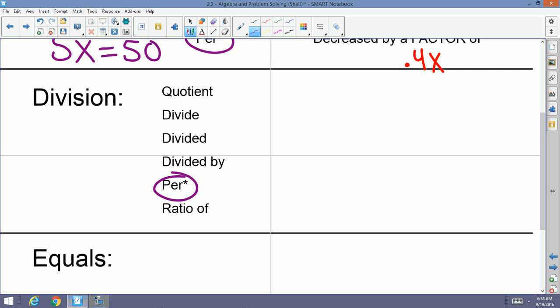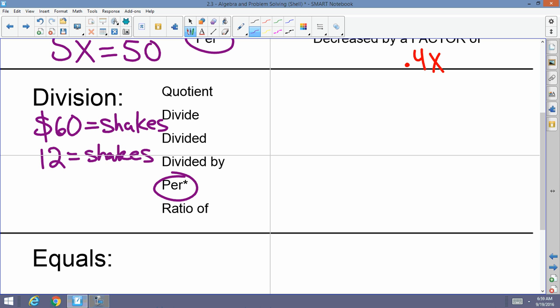Let's say that you spent $60 on shakes, and you purchased, let's say, 12 shakes, and I want to find out how much it is per shake.